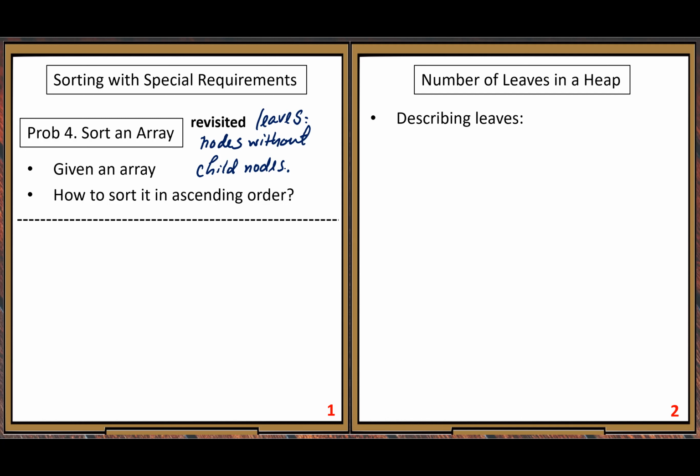To answer that question, we need to describe the leaves. We need to use a formula to describe the range for the leaves, the range for the indices of the leaves. We need to do this work first.